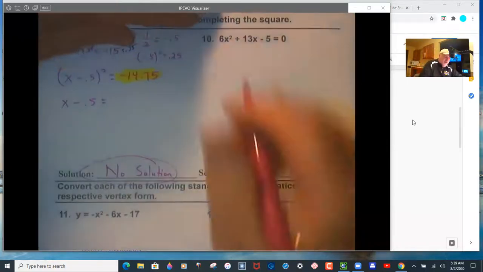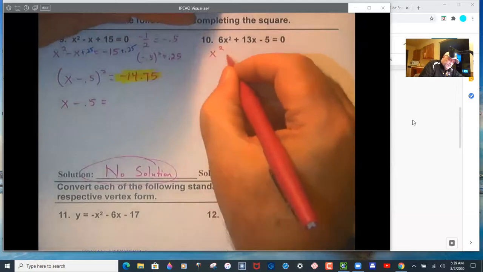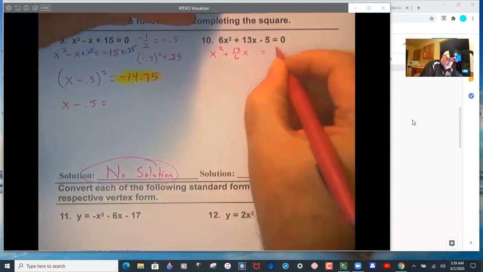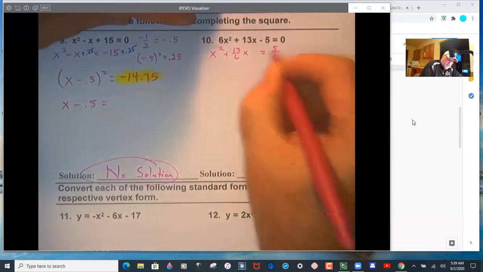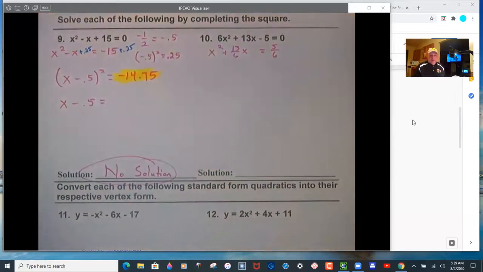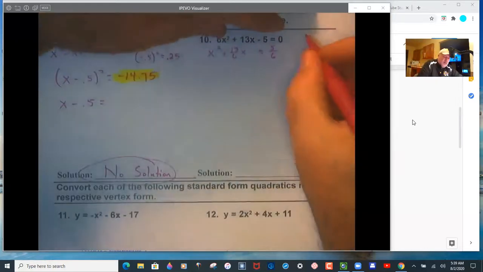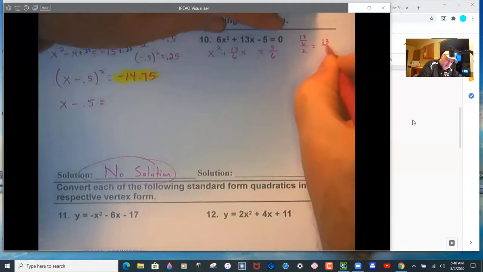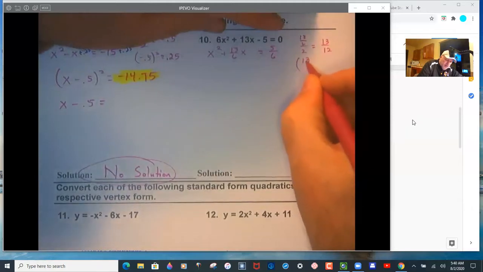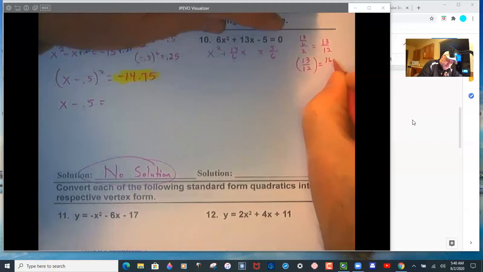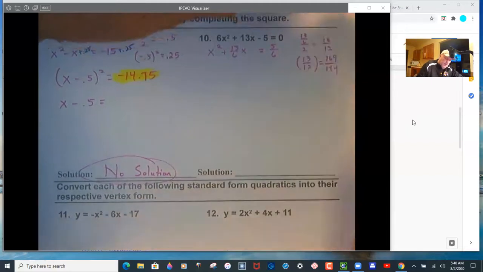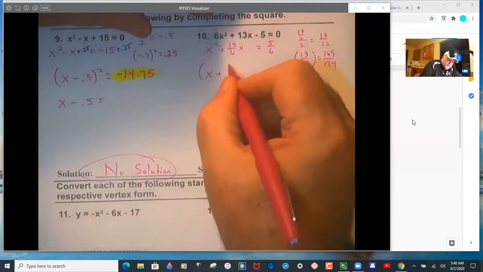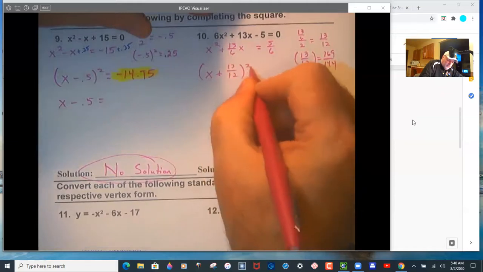Problem 10, divide by 6 everywhere. And take, at the same time, the -5 to the right. That becomes a +5, and then divide it out by 6. So we're going to divide 13 over 6 by 2. That's 13 over 12. And then we're going to square 13 over 12. Some incredibly awkward values.